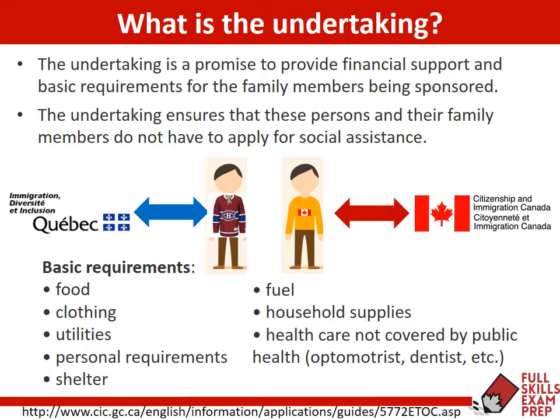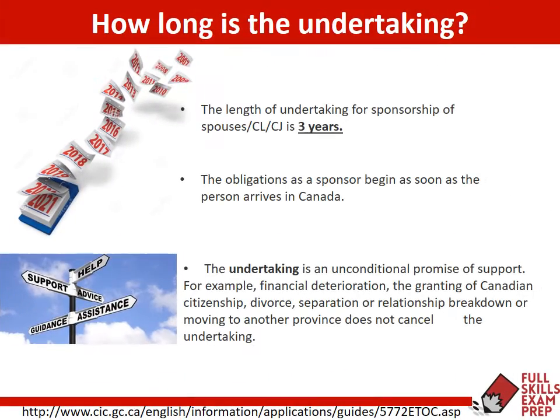And as we saw before, we've seen this a couple times now in the lessons, the undertaking means that basically it's ensuring that the person being sponsored won't need government assistance later on. In the case of a spouse or a common law partner or conjugal partner, the length is 3 years. And that is, of course, from the time that the person enters Canada.